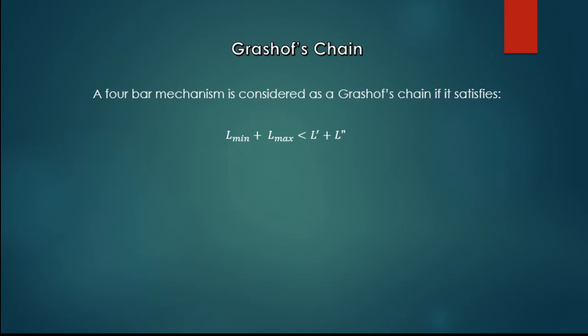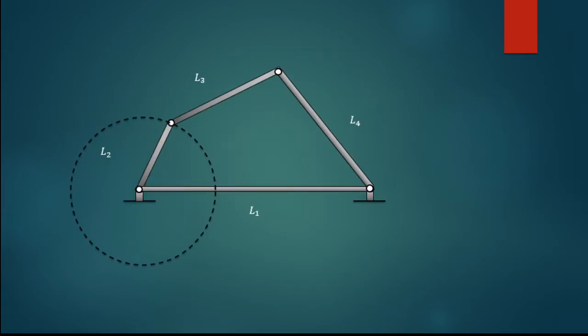So if we compare this to the illustration, this link 1, our frame or fixed link, is the longest link in that equation. The input link, L2, is the shortest link.